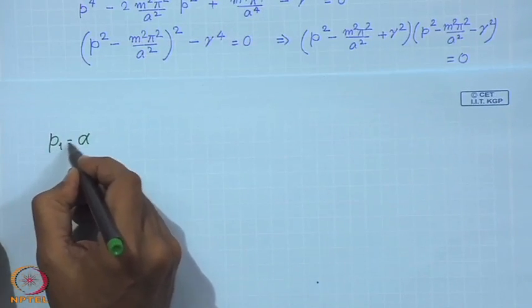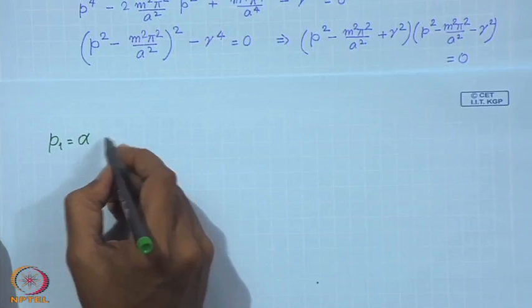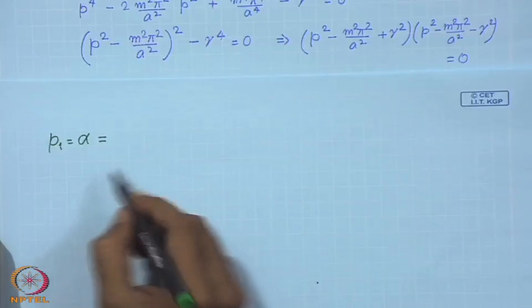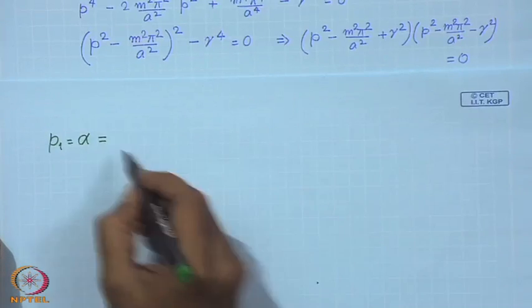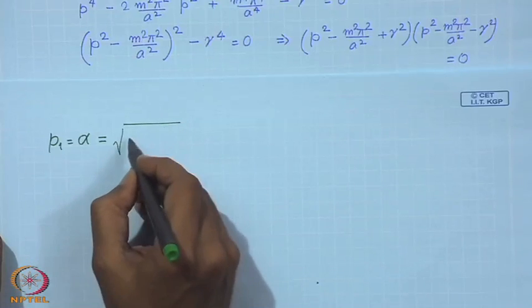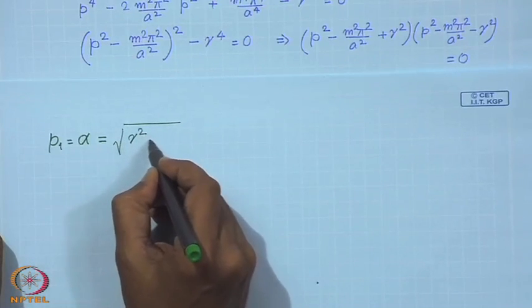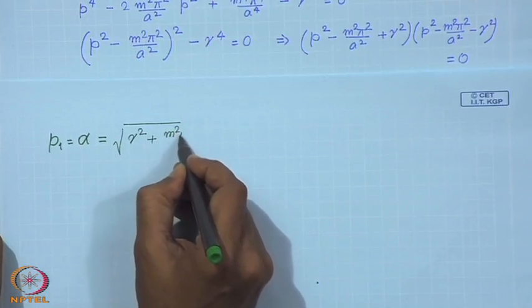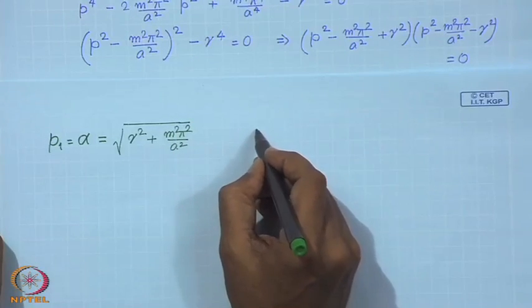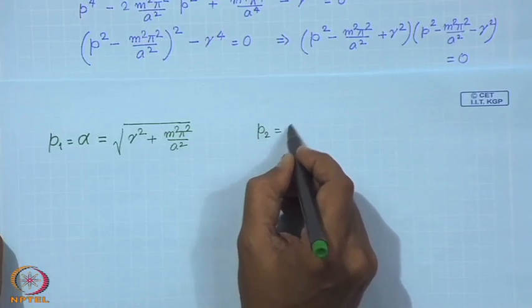So, P1 is alpha equals gamma square plus, and P2 I will call beta.